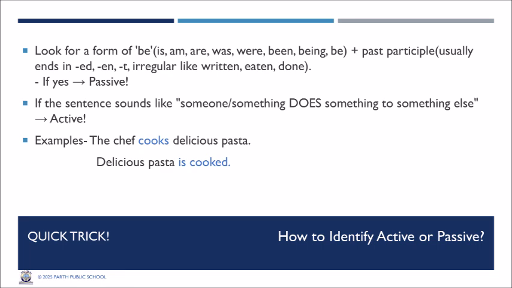Again the same example: the chef cooks delicious pasta, or delicious pasta is cooked. Which one is passive voice? The simple structure is form of be, cooked, past participle. Definitely this is passive voice.